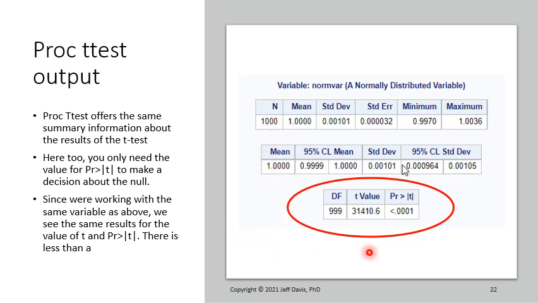All right. And again, you would interpret this the same, right? Since Pr > |t| is 0.05 or less, or in this case, far less than 0.05, we can say, all right, well, we reject the null, and we say that our data probably does not come from a distribution of random error. It's highly unlikely that our data comes from a distribution of random error. Okay.